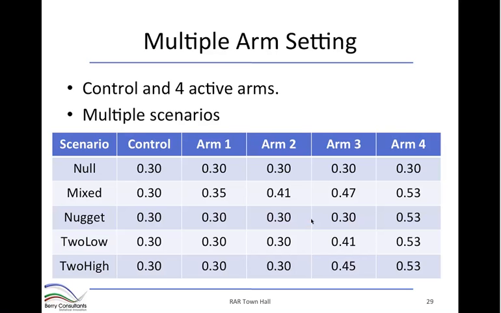You can see my 5 scenarios, a null where nothing works. The middle row is a nugget where I've got one arm that hits a 53% rate. I picked 53 to generate a trial that has about 80% power. I've got a mixed scenario which gradually increases, and then I've got these 2 low and 2 high scenarios where a couple arms work to varying degrees.